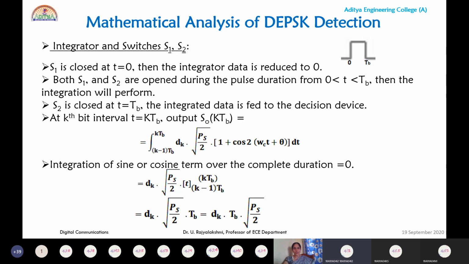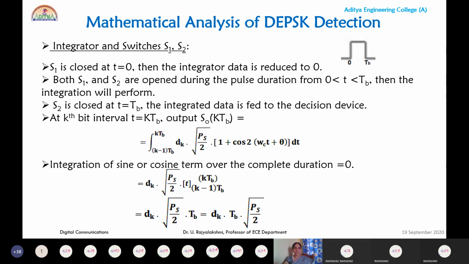Okay, so S2 is closed at t equal to TB. Then the integrated output is fed to the decision device. If you perform the integration at the kth interval, you can get S0(kTB), which equals the integral from (k minus 1)TB to kTB of dk into root Ps by 2 into (1 plus cos 2(omega ct plus theta)) dt.